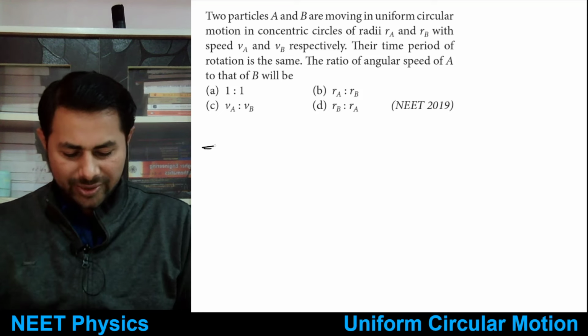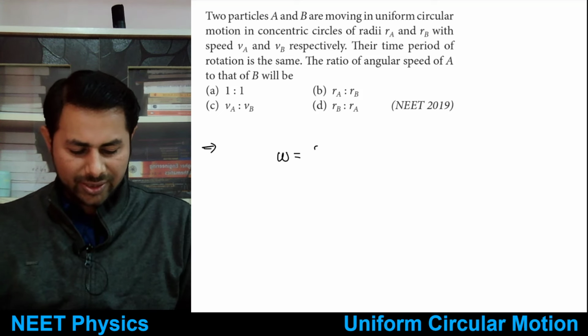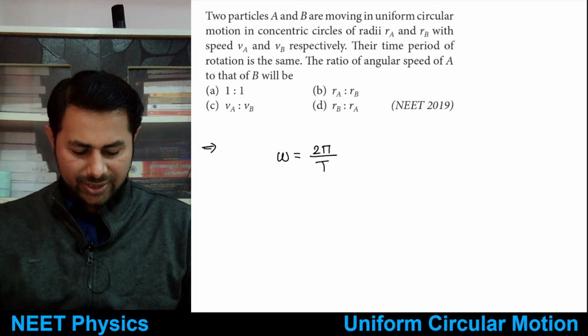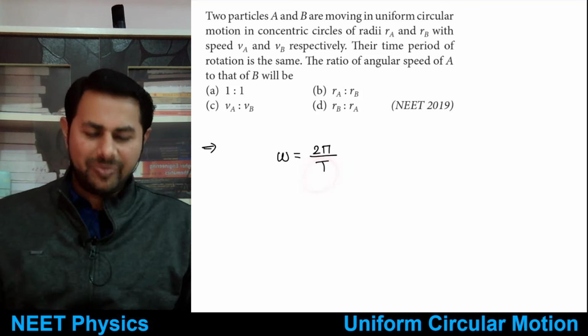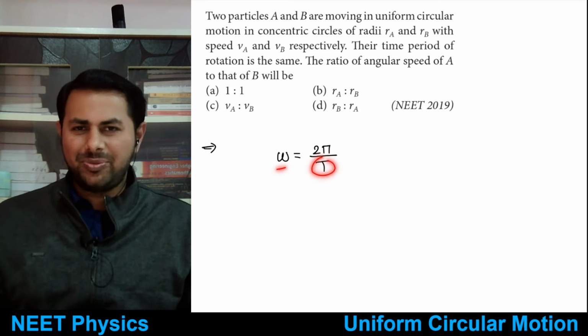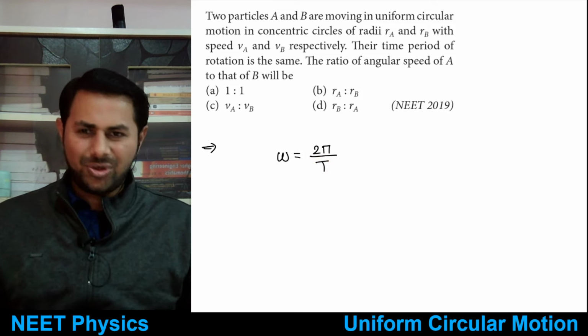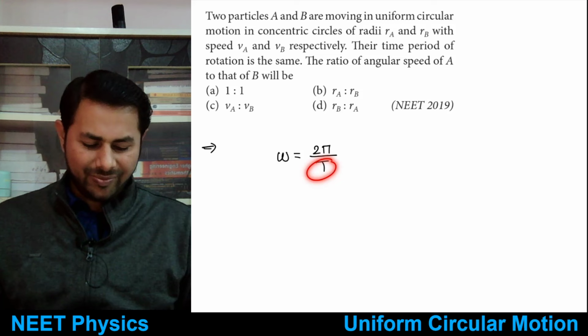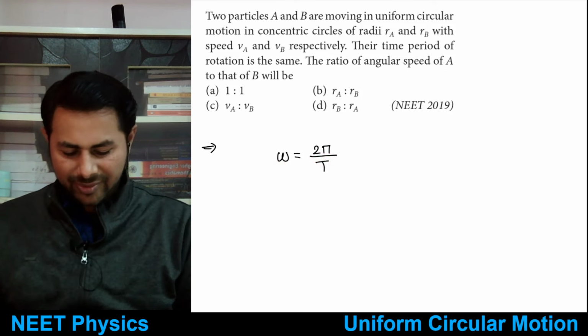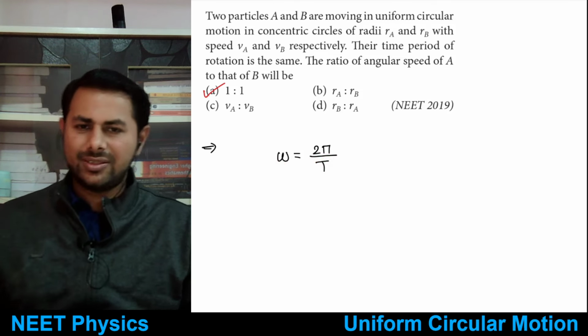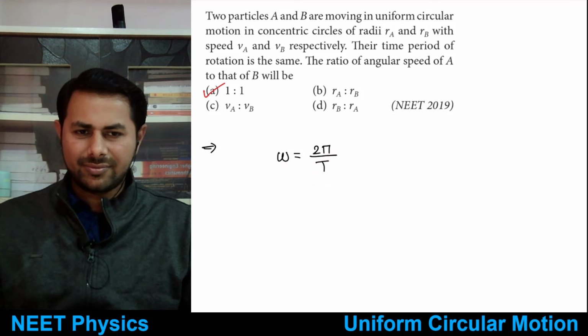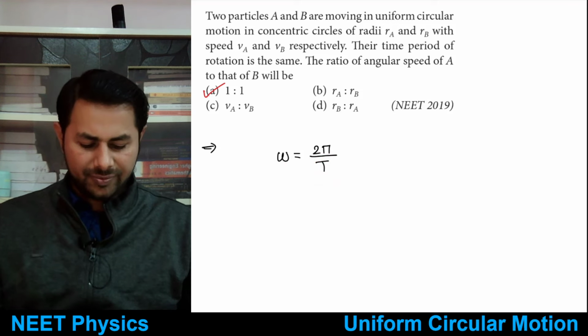That's simple, no? Angular speed is 2 pi by T, and it's given that T is same. So if T is same, angular speed would be same, right? There is no other variable. So T is same, omega will be same, and that's why it is 1:1. This is the answer.